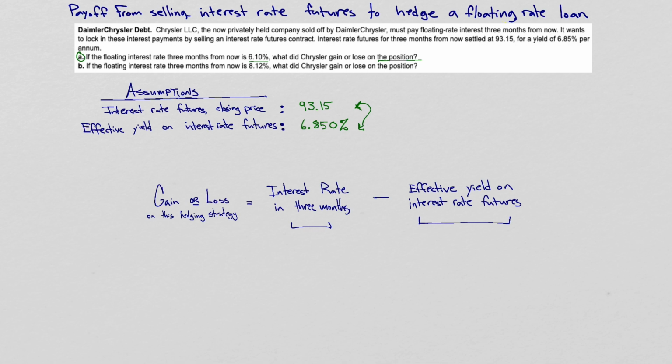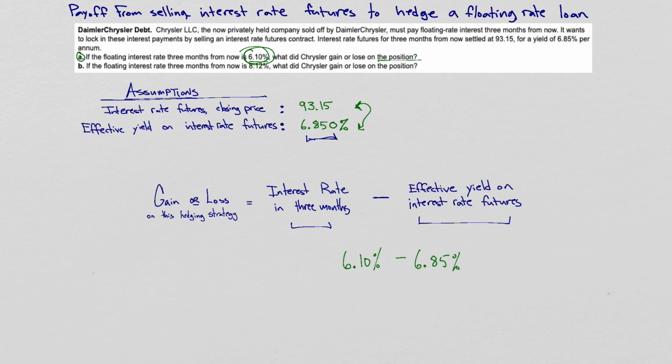And that will tell us something about how effective it is as a hedge. So when we started this position, it was 6.85%. That was what the interest rate futures were pricing at, that 93.15. And by the end, in part A, interest rates had fallen to 6.10%. Interest rates had fallen.